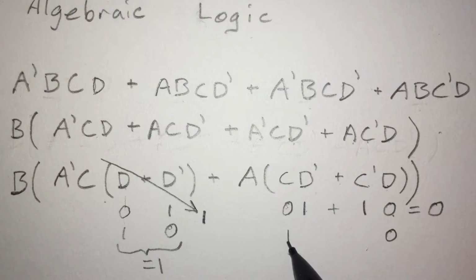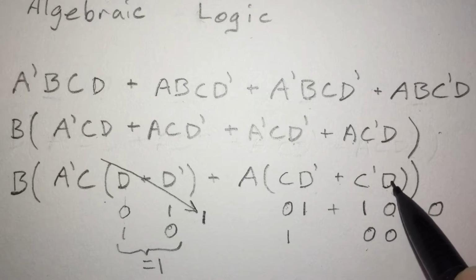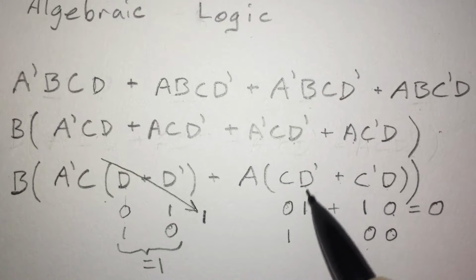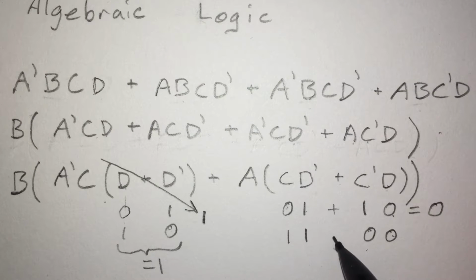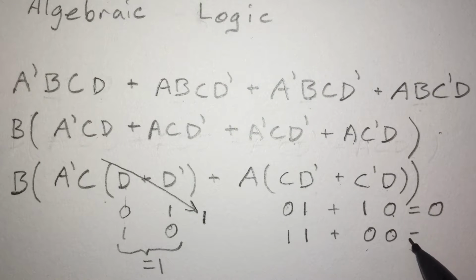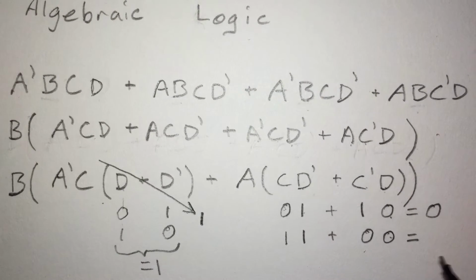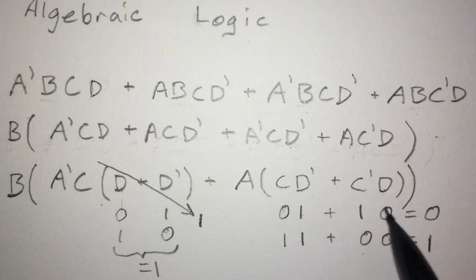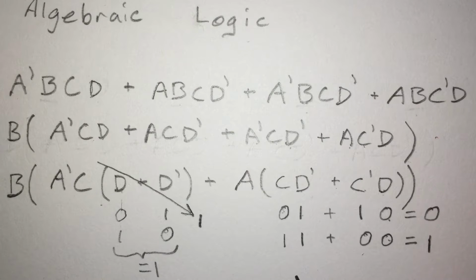Well, if C is 1, then C naught is 0. But if D is 0, D naught is 1. And we have a true output on this statement here.